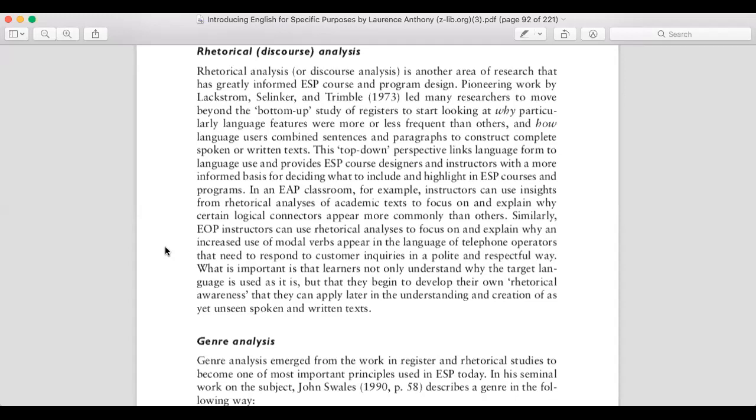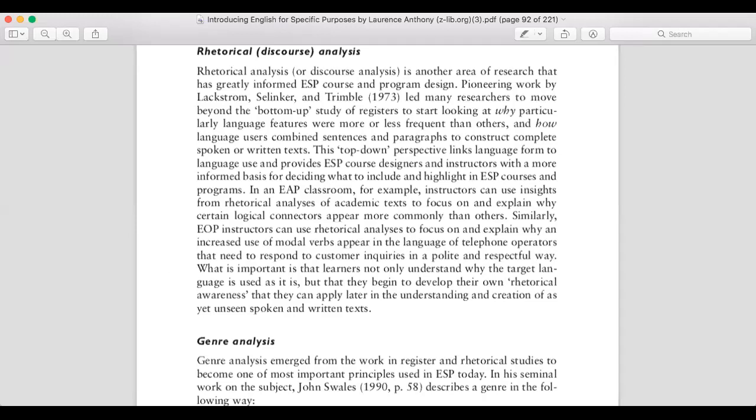Okay, so in register analysis, we talked about the styles, we talked about the characteristic set of language elements, and then we go up. Okay, that is the bottom-up kind of analysis. The rhetorical analysis or the discourse analysis is a top-down approach, right?